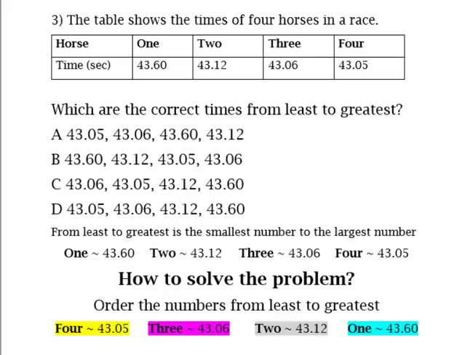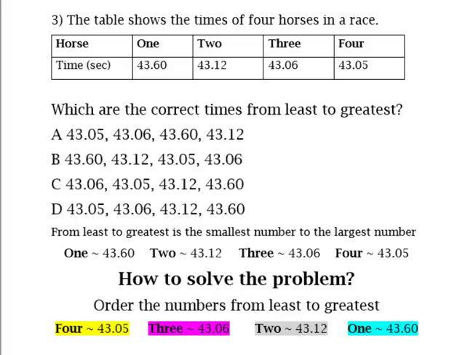So how do we solve the problem? What we need to do is find the numbers from least to greatest, or the smallest number to the greatest number. Now, if you look, all of the horses have 43 as their whole number. So what we need to look at are the numbers after the decimal point, okay?